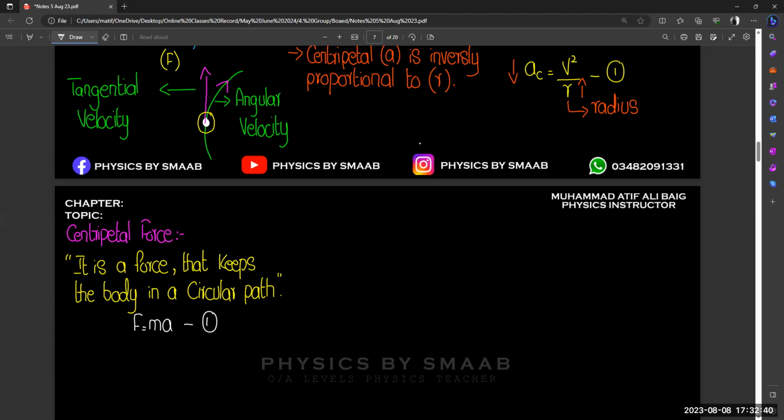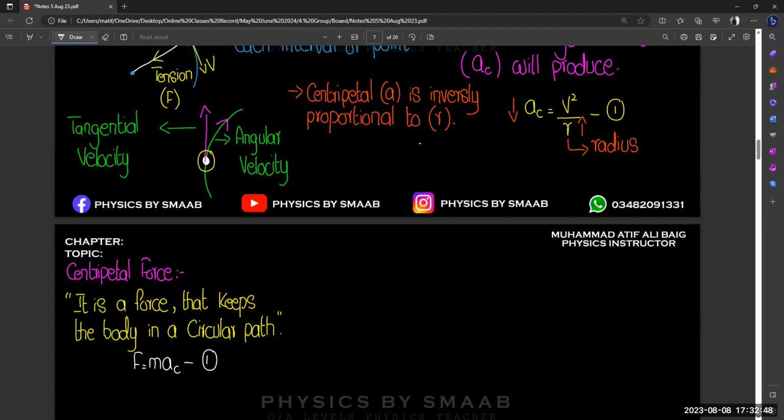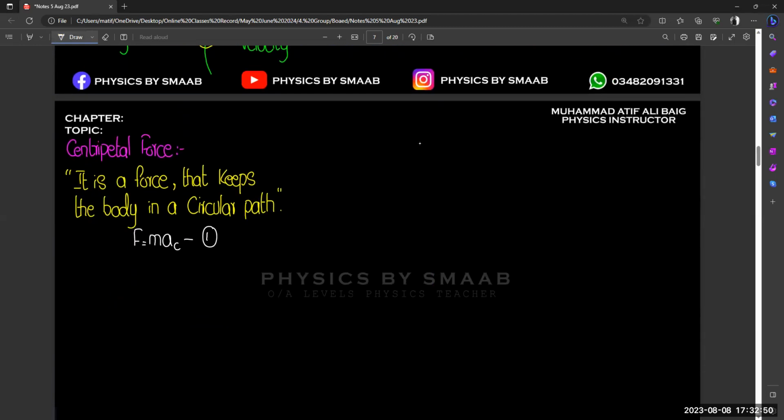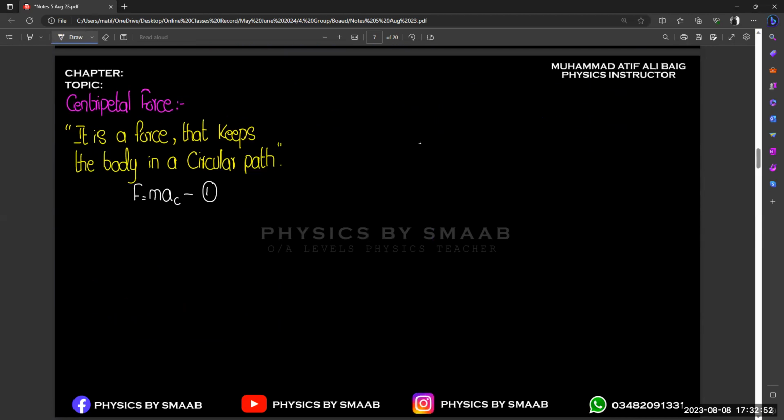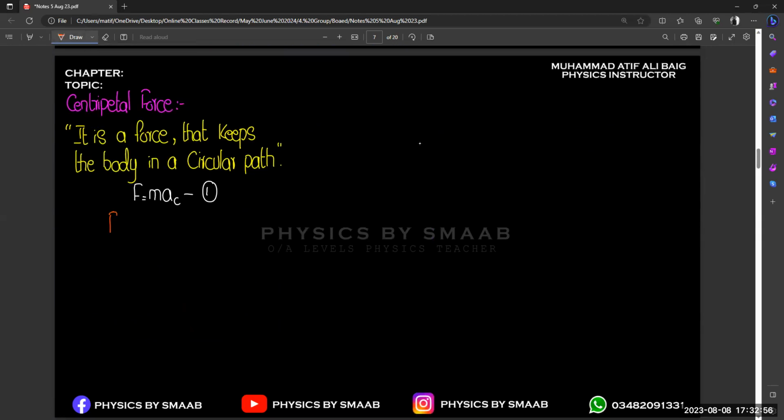So centripetal acceleration means we need to write a_c, and we need to substitute the formula for centripetal acceleration. So your final formula will be F_c equals m times v squared over r, right? Because we know that centripetal acceleration is equal to v squared over r.